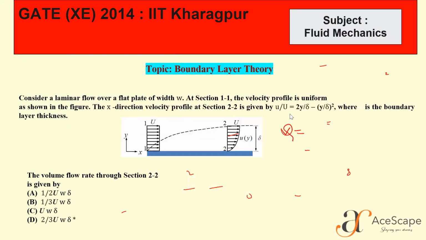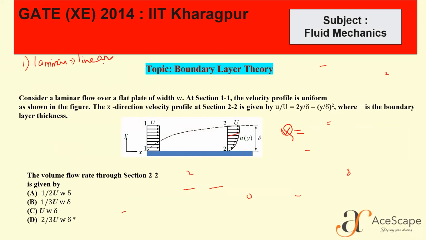Next question would be, where were we? We were on this question, right? So there are 3 velocity profiles. We have seen for laminar, there are 3, the first is linear.